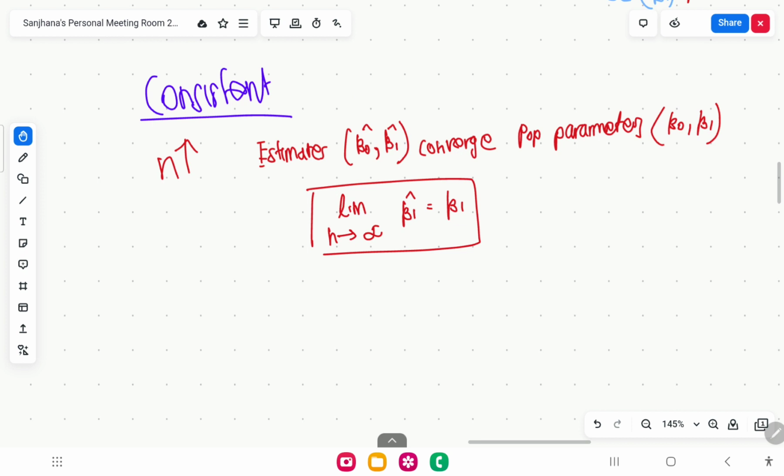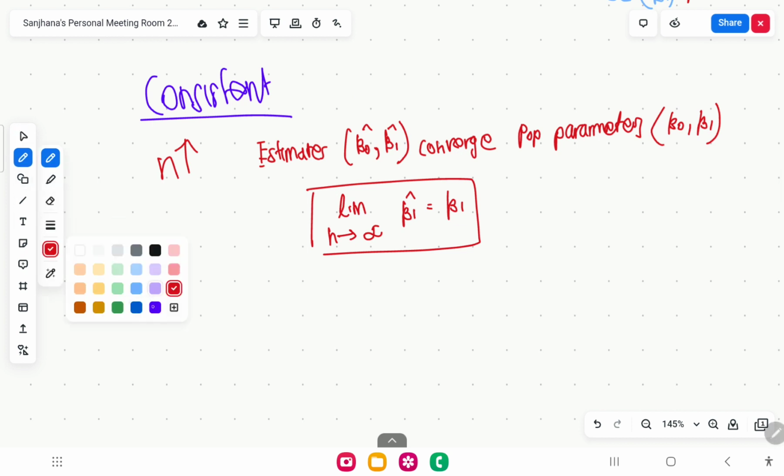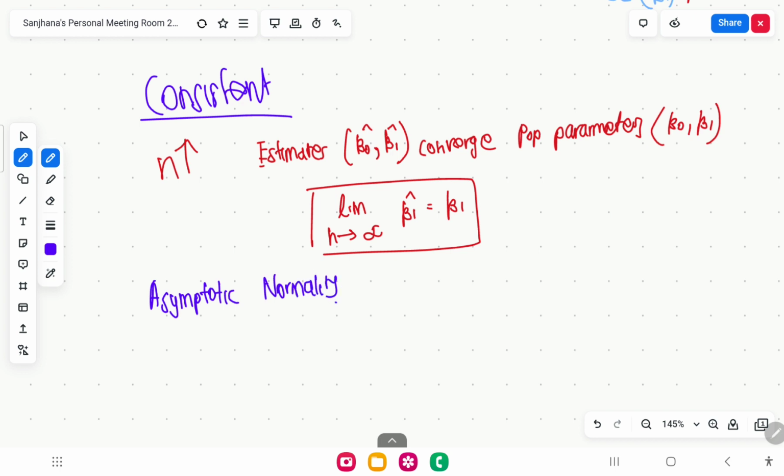Alright. The other property is that the estimators are not only consistent, they are asymptotically normal. Asymptotic normality is another statistical property. This is basically like the central limit theorem, guys. In the central limit theorem, what did we say? That when the sample size increases, regardless of whether it's coming from a binomial distribution or Poisson distribution or any distribution, it is approximately normal.